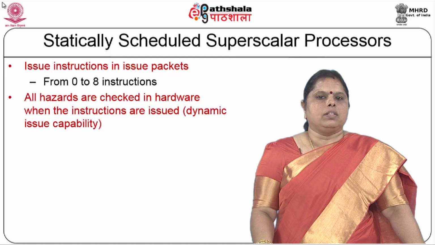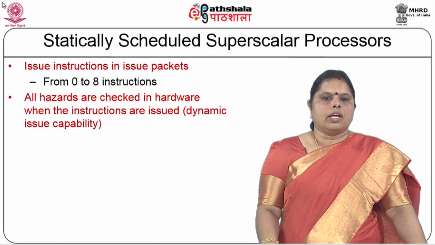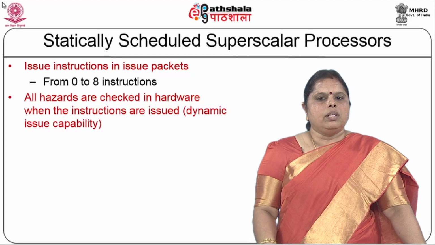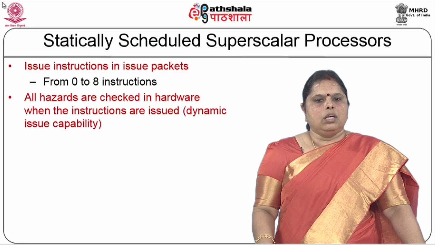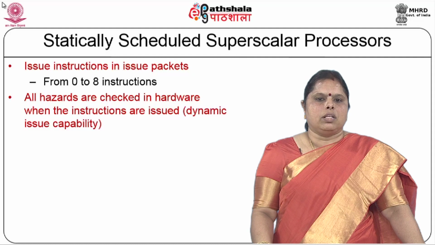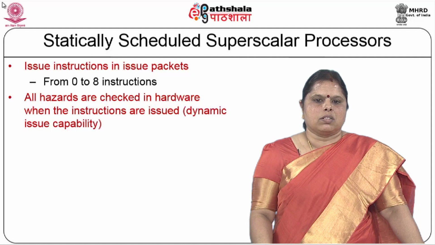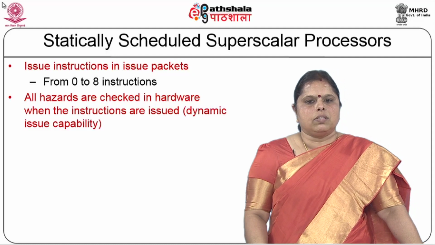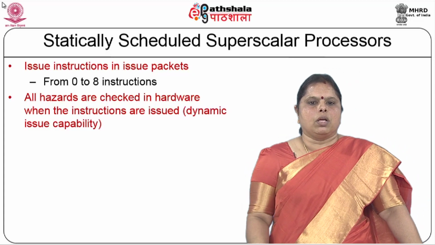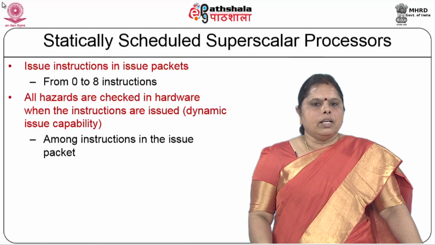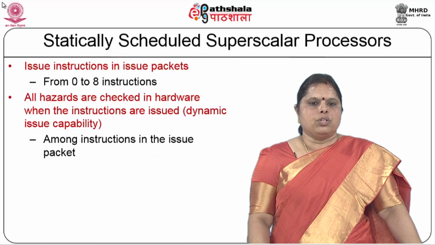Even for a statically scheduled processor, the hazard checking is done in hardware when the instructions are issued. So, when the instructions are issued, the hardware checks whether there is a dependency between these instructions, and depending on the dependency the instructions are dynamically issued. But it is an in-order execution that happens.